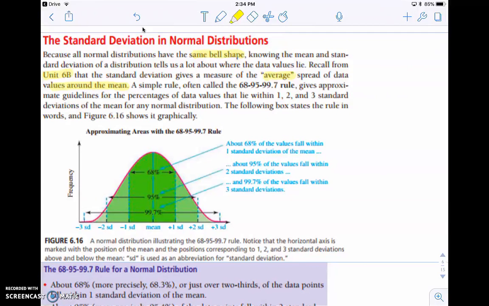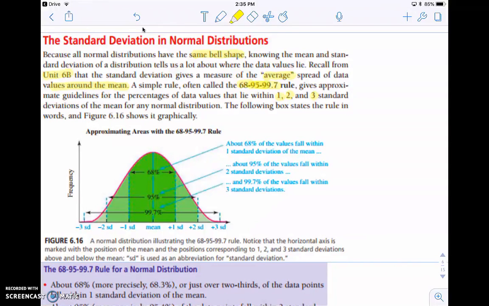And there's a simple rule. It's often called the 68, 95, 99.7 rule, sometimes referred to as the Empirical Rule, that gives some approximate guidelines. So these aren't exact, but they're pretty close. It gives approximate guidelines for the percentages of data that lie within 1, 2, and 3 standard deviations of the mean for any normal distribution.